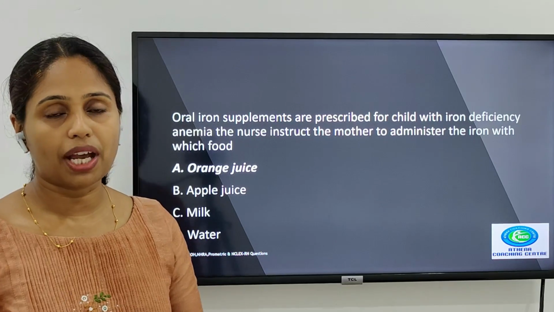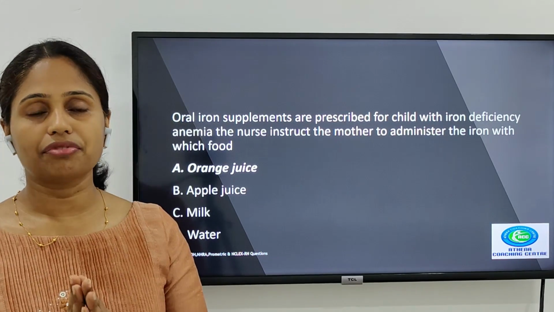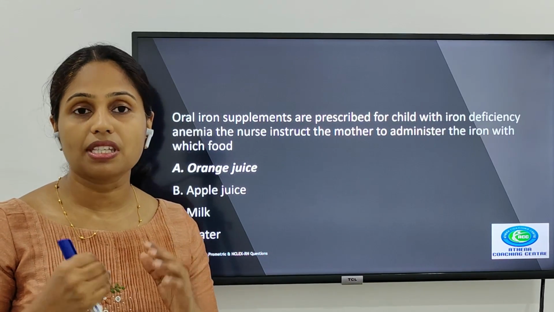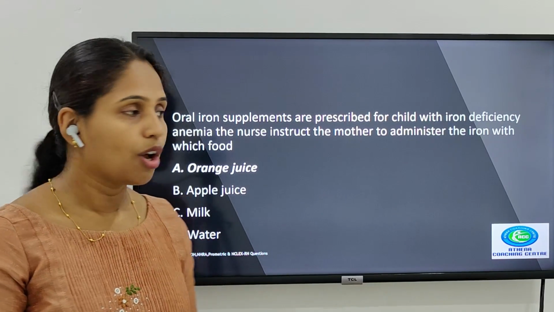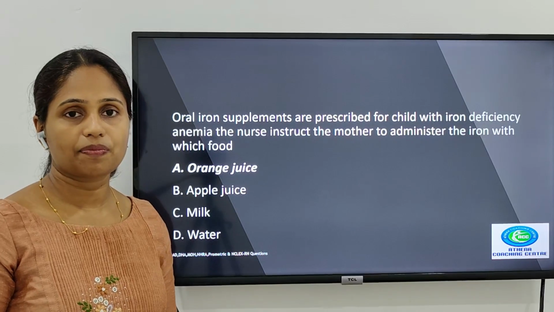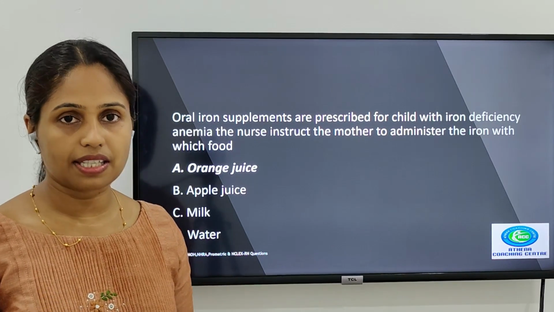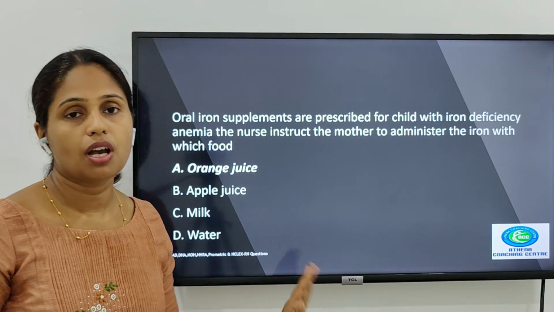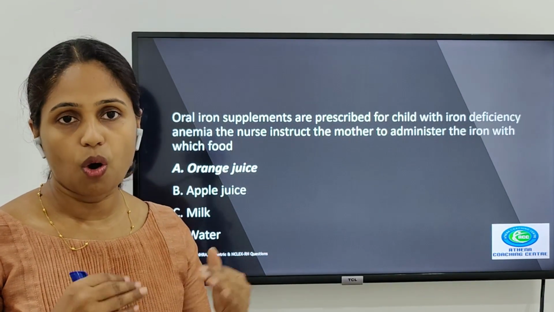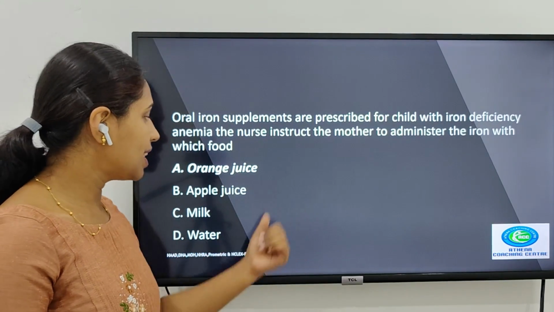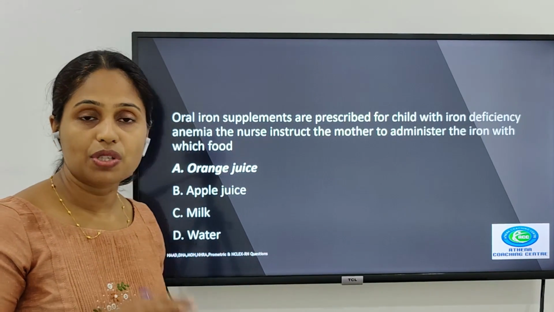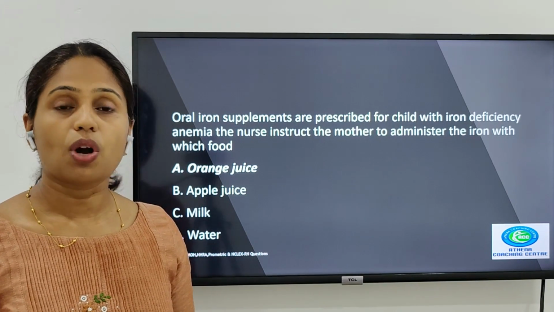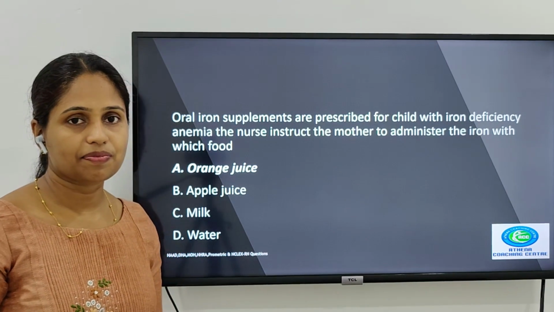So, if you are preparing for any nursing exam, you have to know how to select the correct answer from the options. Usually for all nursing licensing exams, you will get one question and there will be 4 multiple choice options, from which you have to select one correct answer. So, how do we select the answer?